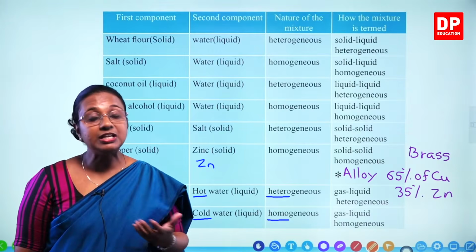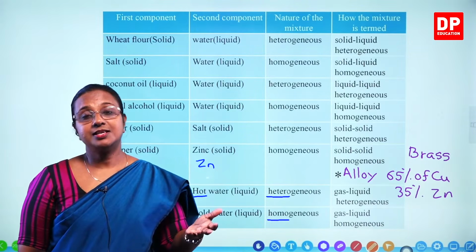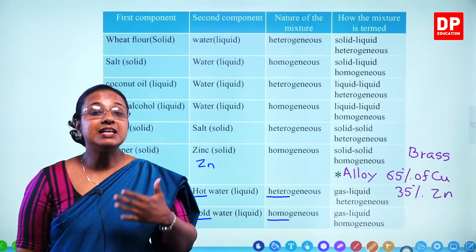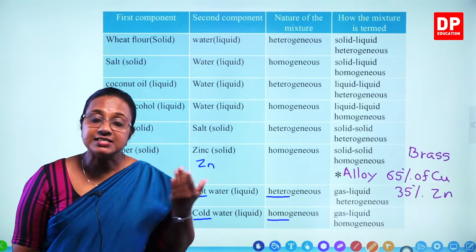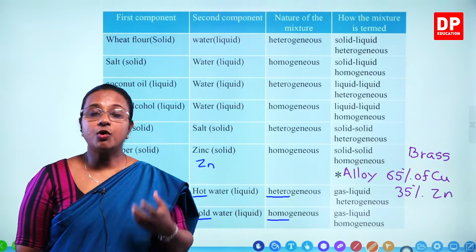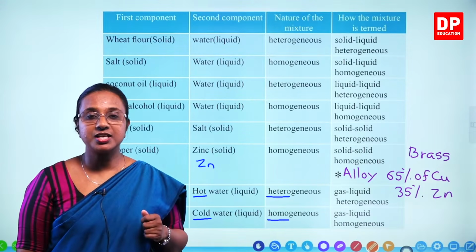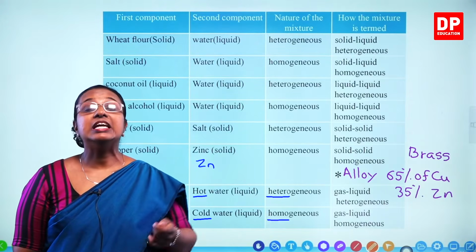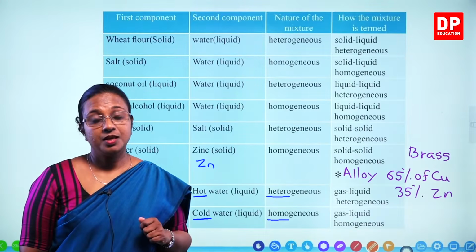Therefore, when you heat water, when you try to boil water, with the increase in temperature, less and less amount of gases dissolve. Therefore, the gas is evolved from water. So, if you want to get water without any gases, oxygen or carbon dioxide, you have to heat the water or boil the water.